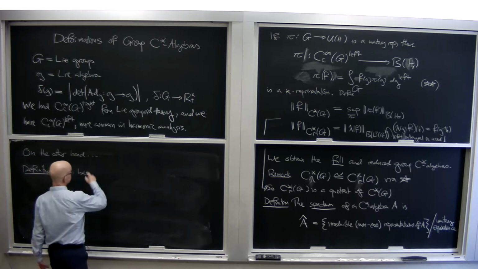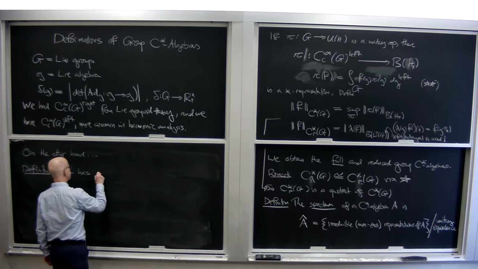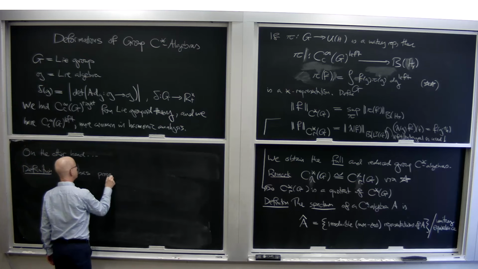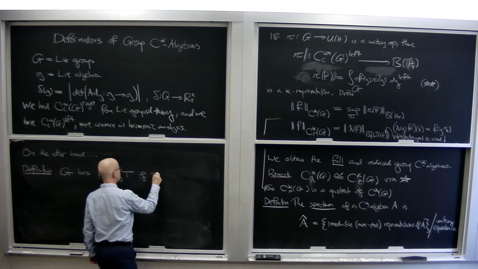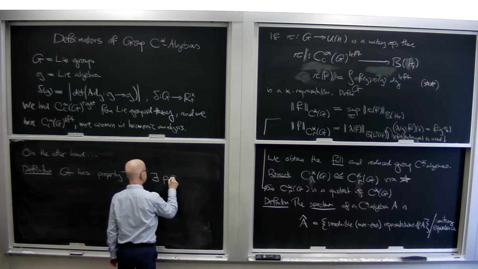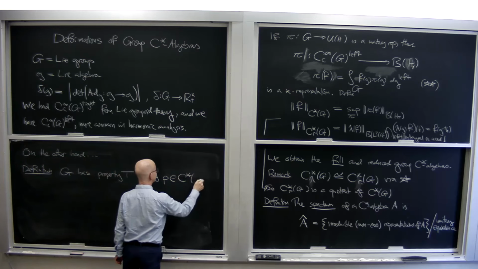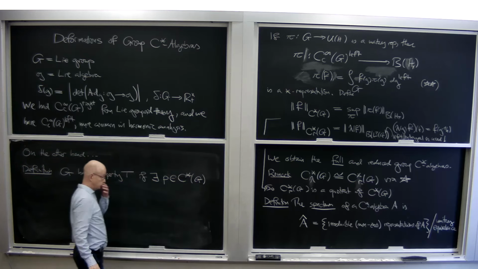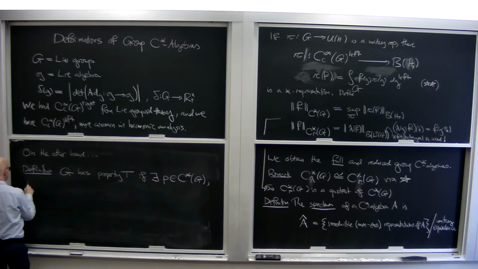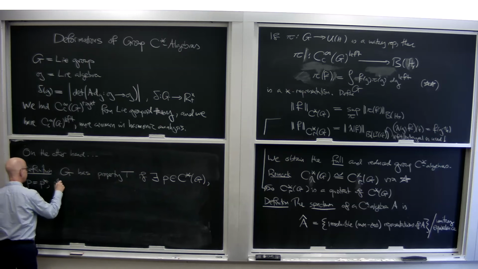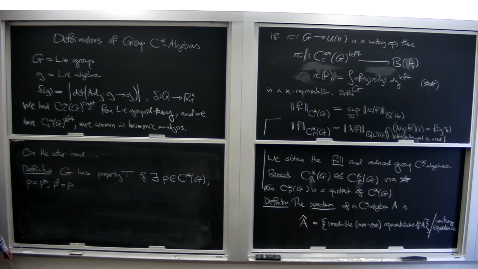A group G, one of our Lie groups, is said to have property T if there is a projection in C star of G, the max C star algebra, so it's self-adjoint and it's idempotent. That's what a projection is.